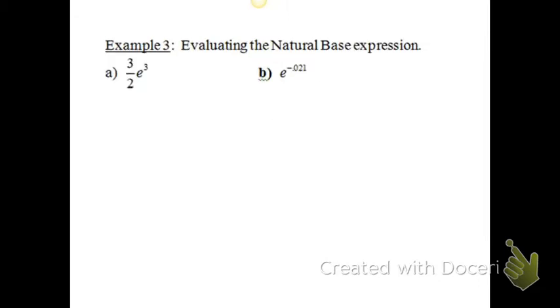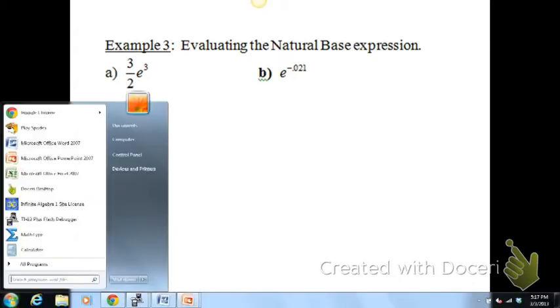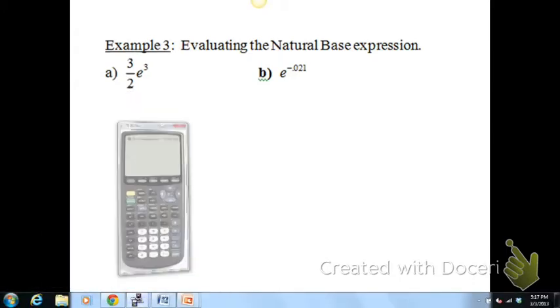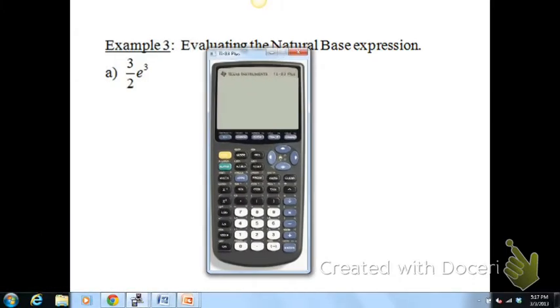Something else you should be able to do is evaluate the natural base expression. What I mean by that is we need to actually use our calculators now to figure out, okay, what does this equal, or at least approximately, using our calculator. So what I'm going to do is the following. I'm going to bring up my calculator, and I'm just going to type in exactly what we see.